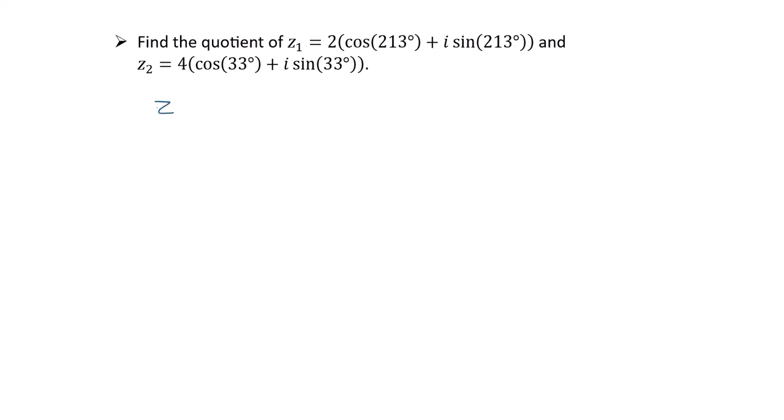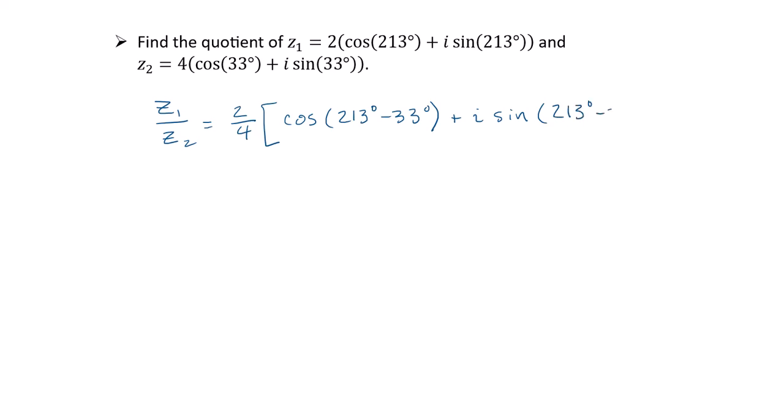So z sub 1 over z sub 2 will be equal to 2 over 4 times the cosine of 213 degrees minus 33 degrees plus i sine of 213 degrees minus 33 degrees.